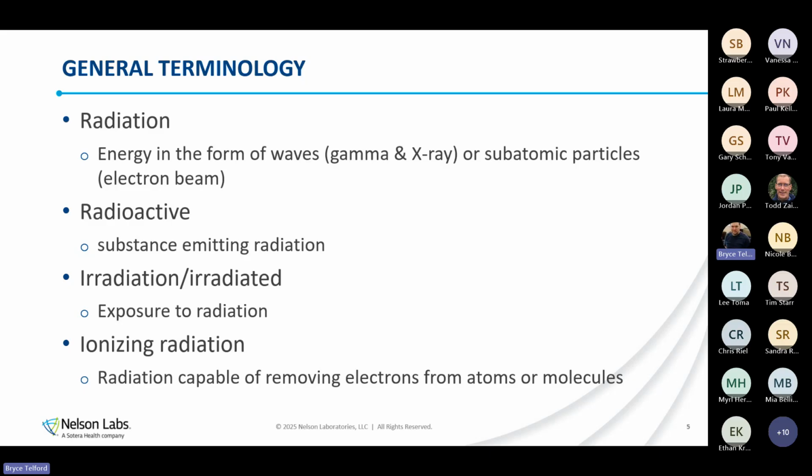So gamma and X-ray, since they are waves, they actually don't have any sufficient energy to actually cause that atomic interaction. So whatever my atomic number is going into that chamber is actually going to be the same coming out of that chamber. So my product when it goes in is no more radioactive coming out than it was going in. There is no induced radioactivity.